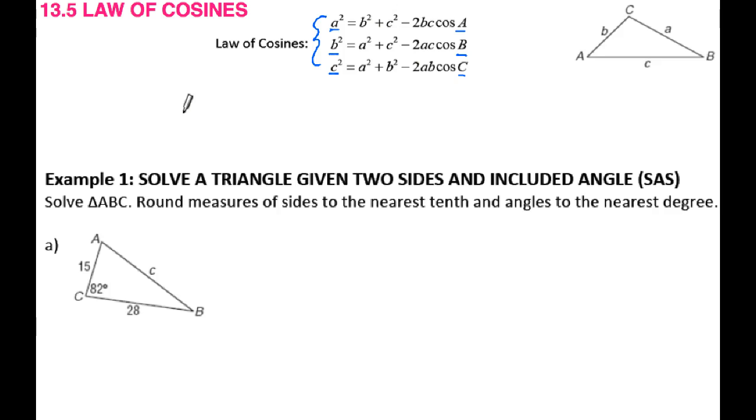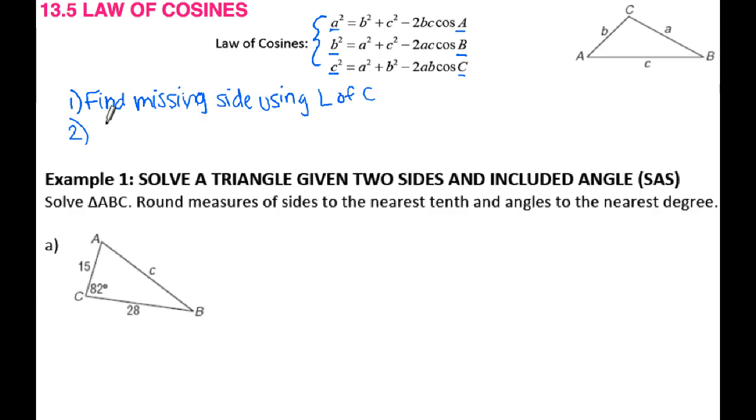So for the law of cosines, it has to go in a particular order, especially if we're going to incorporate the law of sines, which we are. Step number one is to find the missing side using the law of cosines.